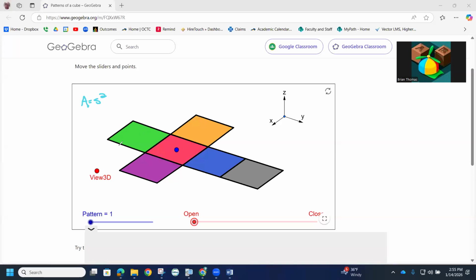If I say this is s, then this has to also be s. So if I multiply s times s, that gives me the area of the surface. But since there's six of those, the surface area is going to be 6 times s squared, since we have six faces.